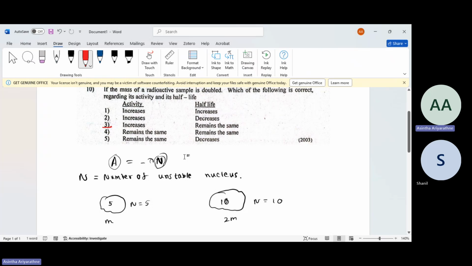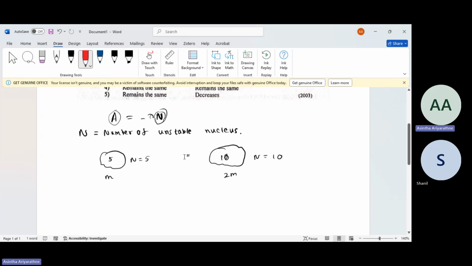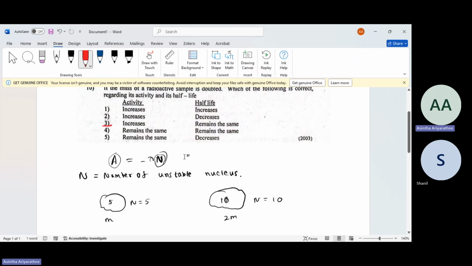Half-life is not affected by N. Half-life is a constant for any given type of radioactive element. For uranium, it is constant. For carbon-14, it is 5,730 years.